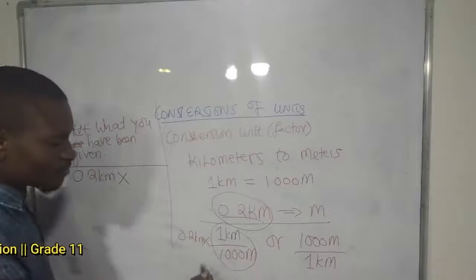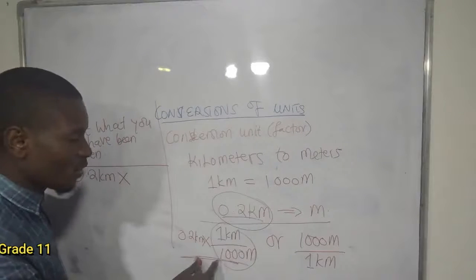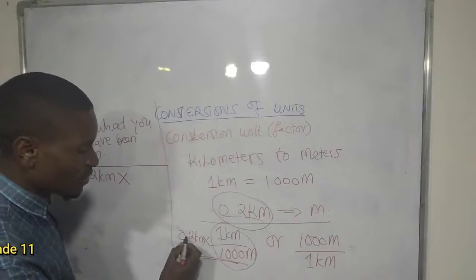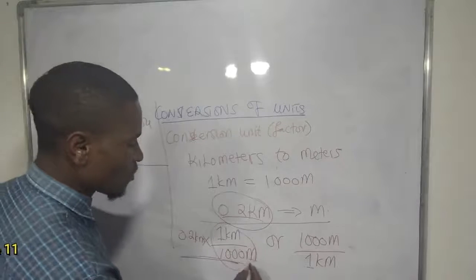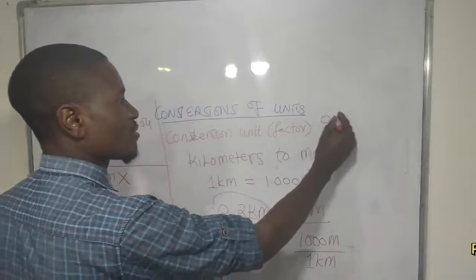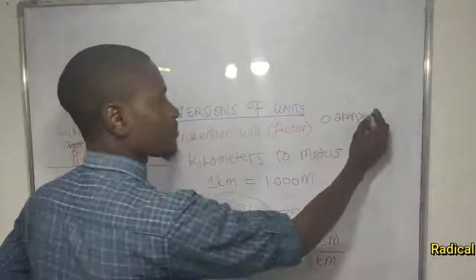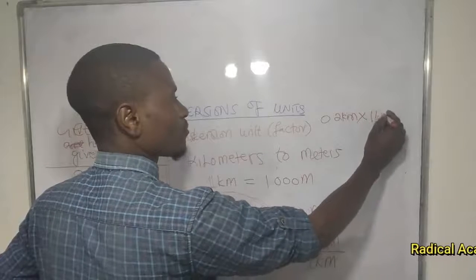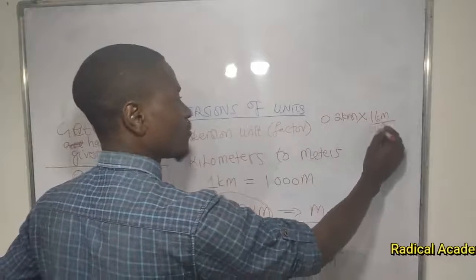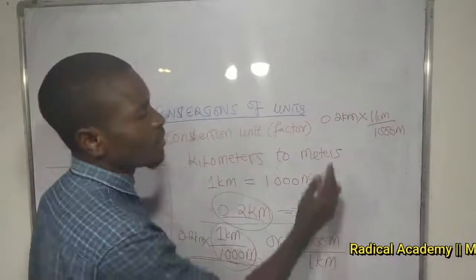Okay, why this one is not working out is that when I multiply this times that, I'm just going to get 0.2 kilometer multiplied by 1 kilometer over 1,000 meters.